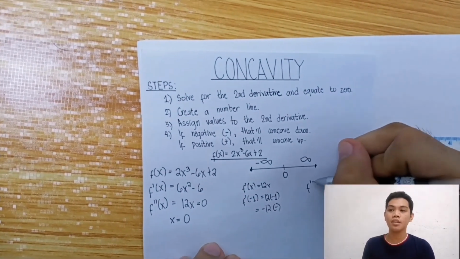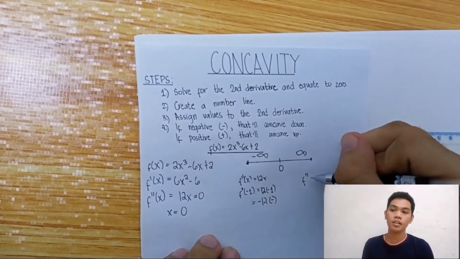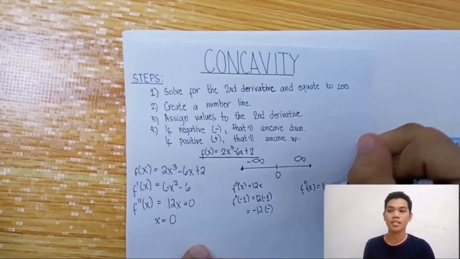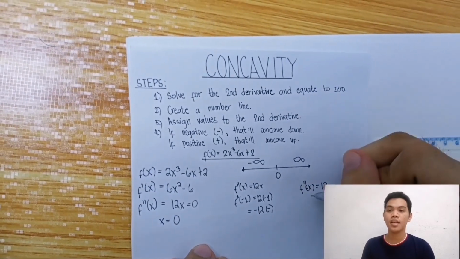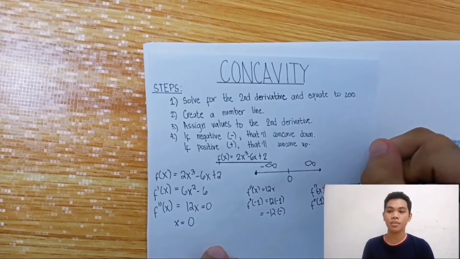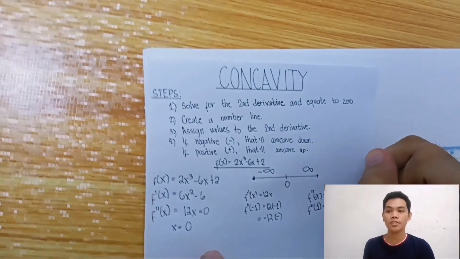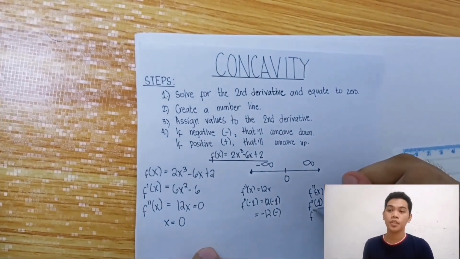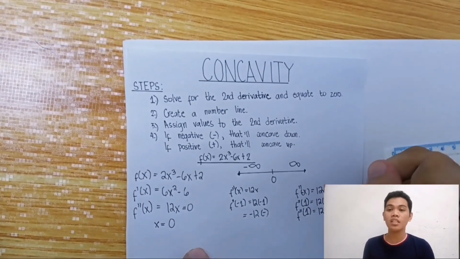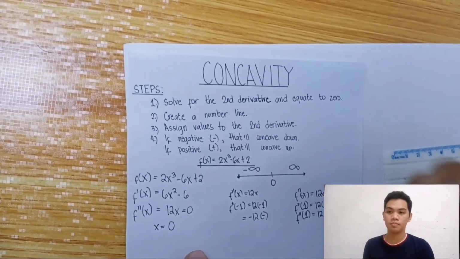Then to the right side, let's say positive 1, between 0 and positive infinity. Substituting to the x, we get positive 12. That is positive, meaning it will be concave upward.